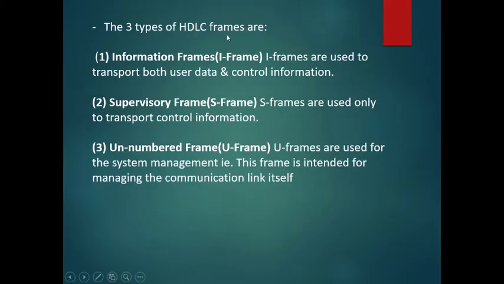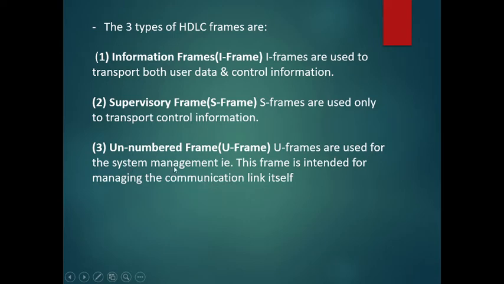And the three types of HDLC frame are the information frame, supervisory frame and unnumbered frame. When we are seeing the frame structure, by looking at the frame format, we have to understand that there can be three types of frame and the structure will be slightly varying for each of the three types. Information frames are used for transporting the user data as well as the control information, whereas the S frames, the supervisory frames, are used only for transporting the control information, and the U frame, or unnumbered frame, is used simply for managing the communication link.